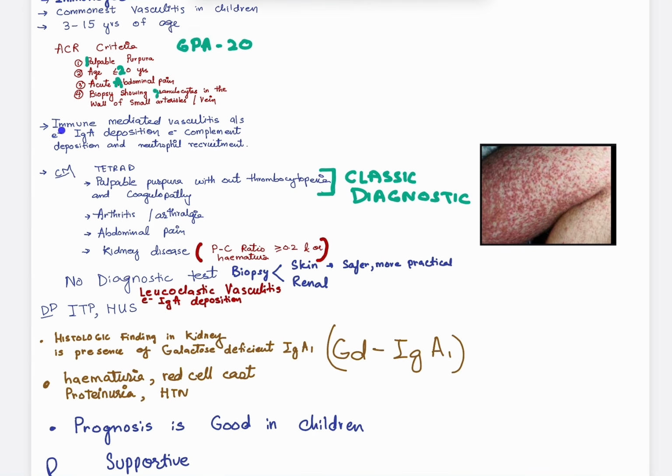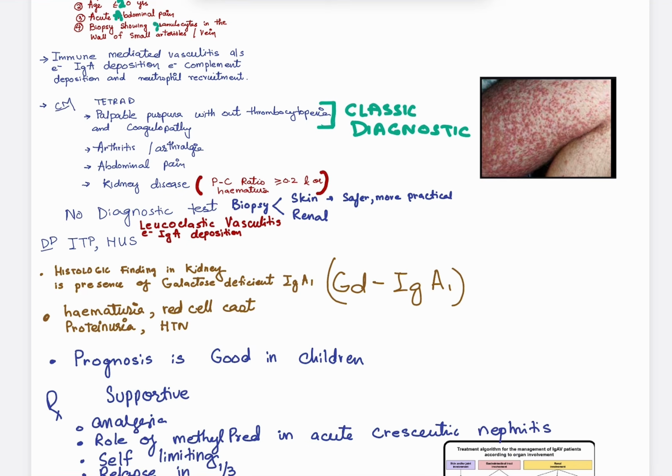Pathogenesis. It is an immune-mediated vasculitis associated with IgA deposition. So there's going to be IgA deposition with complement deposition and neutrophil recruitment. But IgA deposition is the classical association.